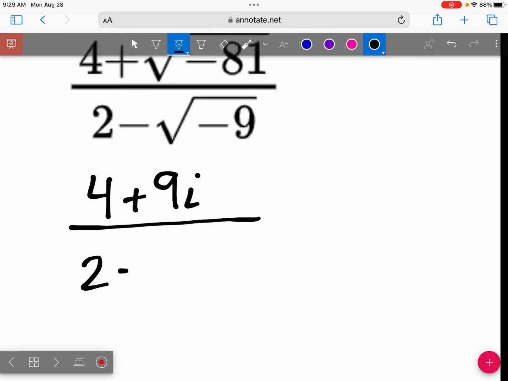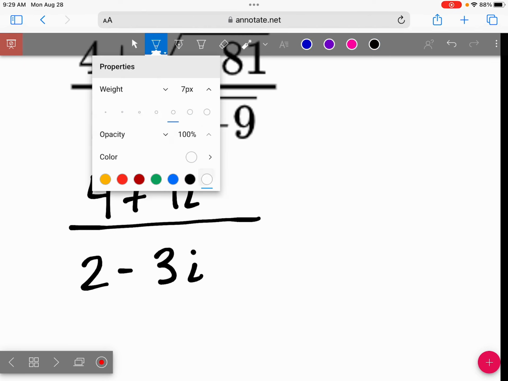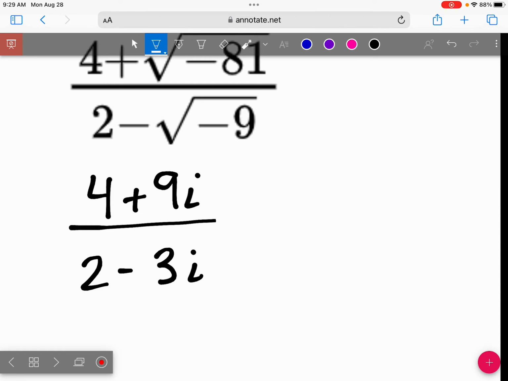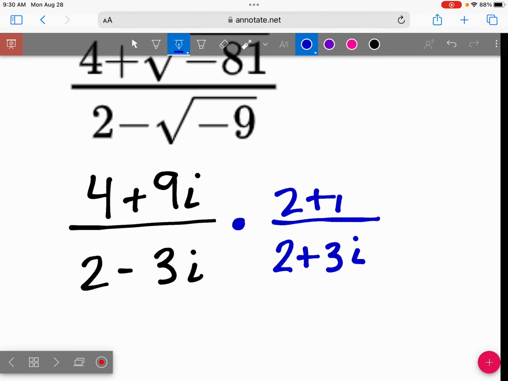And 2 minus 3i. First step is to get your imaginary numbers instead of radicals, and then we get our conjugate. So the conjugate here is going to be what? 2 plus 3i. Good. And we do 2 plus 3i over 2 plus 3i.